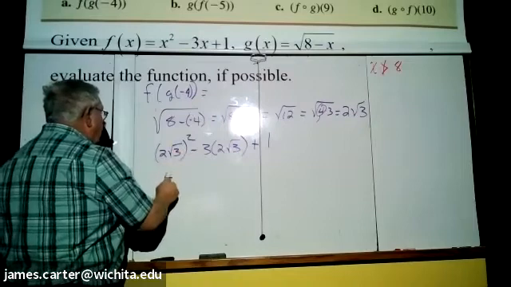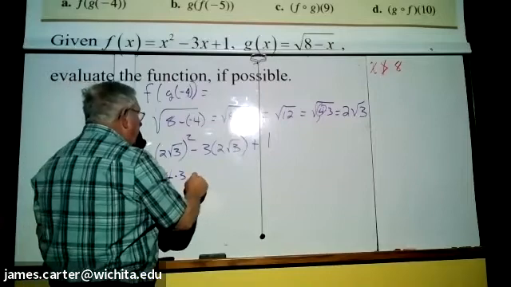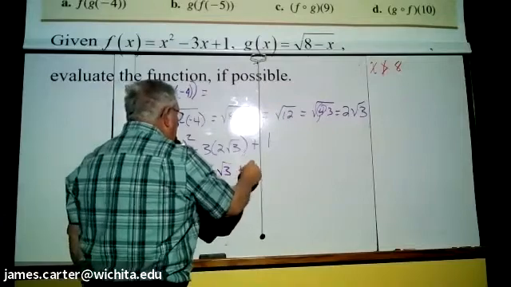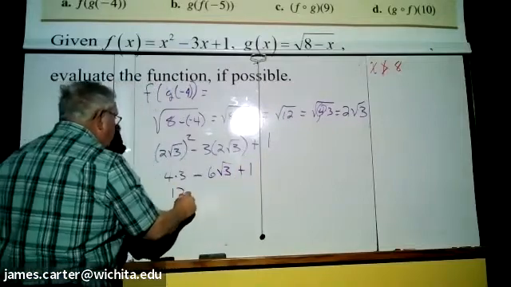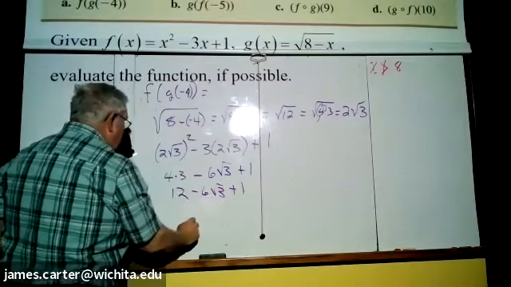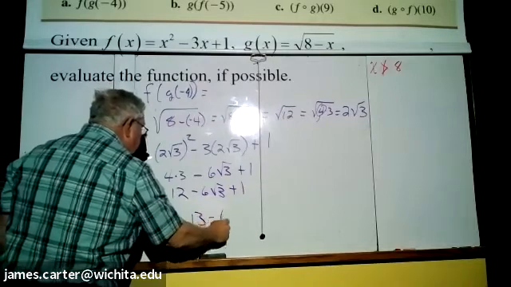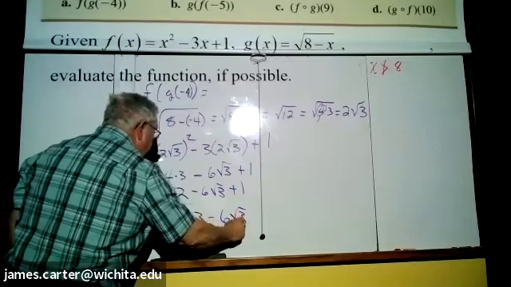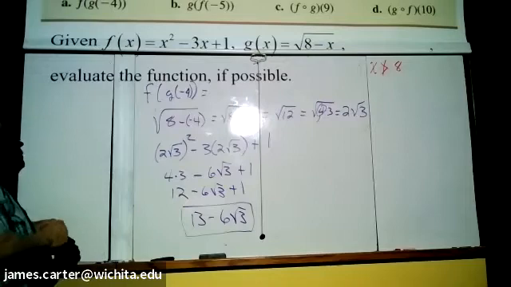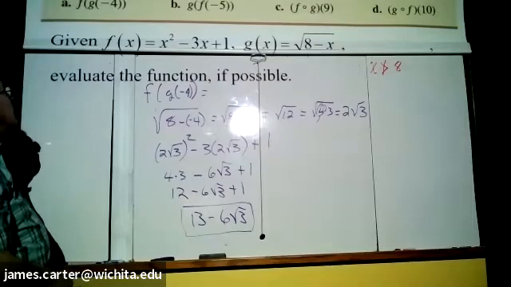This is going to give me 4 times 3 minus 6 radical 3 plus 1, which is 12 minus 6 radical 3 plus 1, which is 13 minus 6 radical 3. Okay. Now let's go to one of the others.